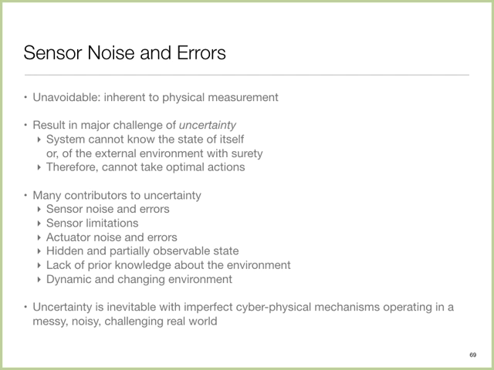And this is where understanding your sensor is very important. There are lots of different reasons why sensors introduce uncertainty, but one has to take that into account. One of the challenges that people currently struggle with is, how do you quantify uncertainty? How do you propagate uncertainty through your system?